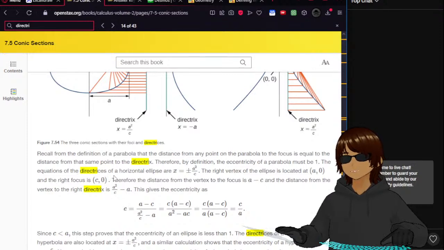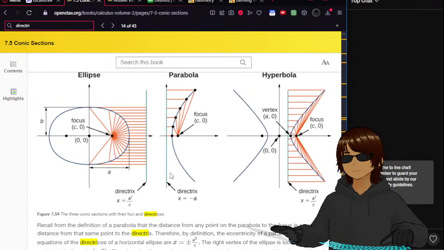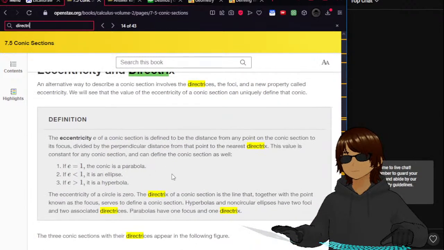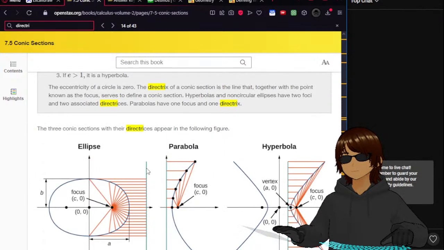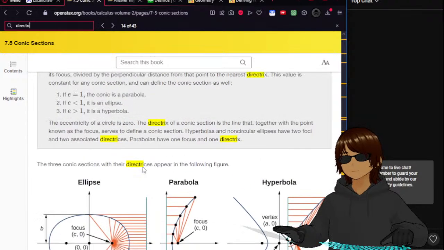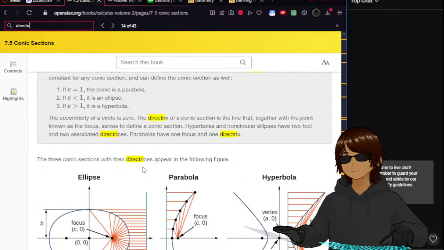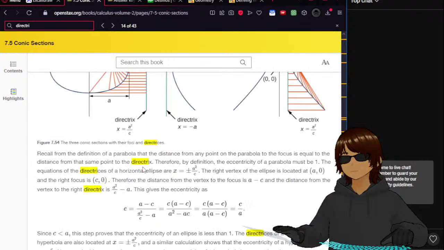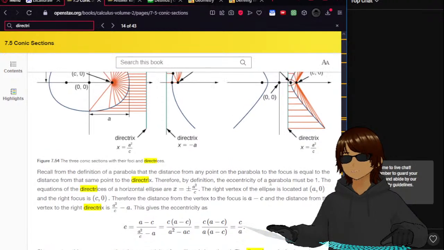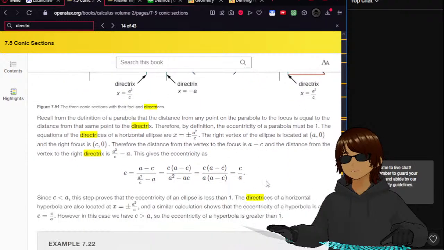The equations of the directrices of the horizontal ellipse are x equals plus or minus a squared over c. The right vertex of the ellipse is located at (a, 0), and the right focus is (c, 0).